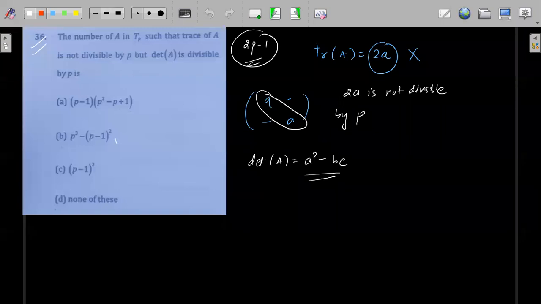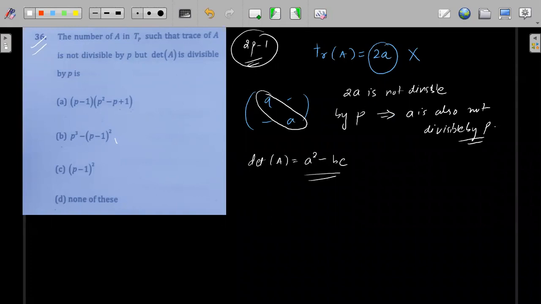So they have given that 2A is not divisible by P. This means that A is also not divisible by P. Understood?